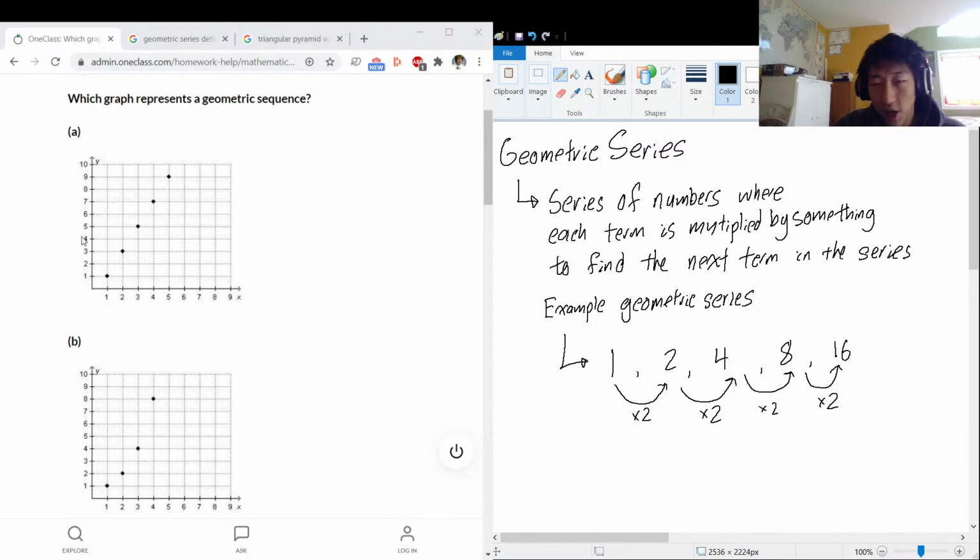That is not what you would call a geometric series. So A is not geometric. In fact, A is linear, because you're always increasing by 2 between terms.